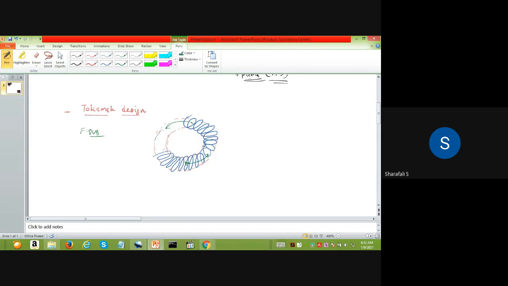But there is a problem with this design. We have more coils in this interior region. You consider this area: the concentration of coils per unit area is higher here. If you take the same area on the outer portion, you will get fewer coils, because the outer radius is larger as compared to this one.